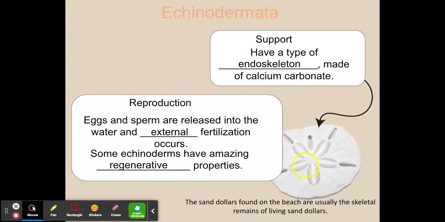Similar to the platyhelminths that we talked about when we were looking at the worm phyla, most familiar, I'm sure you're thinking of a sea star, can regrow its ray. Sometimes we call it an arm, but the rays or the arms of the sea star, if it's ever damaged by a predator or while it's trying to catch its prey, it can grow it back.